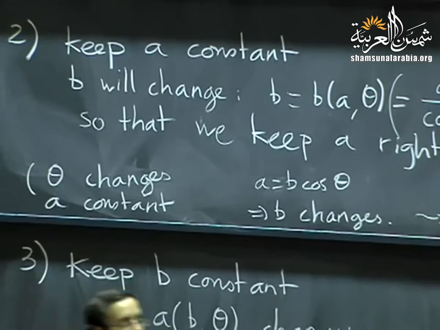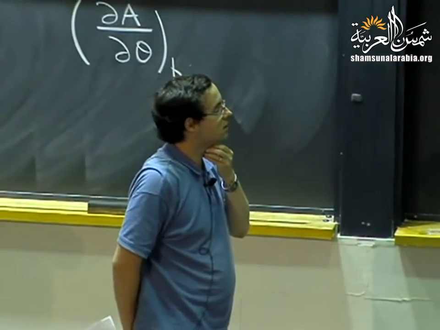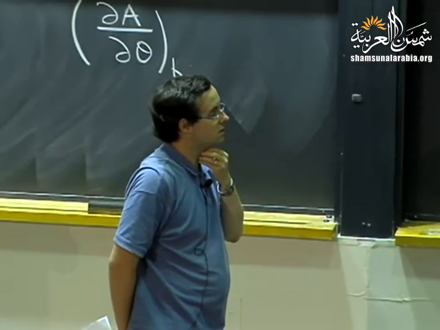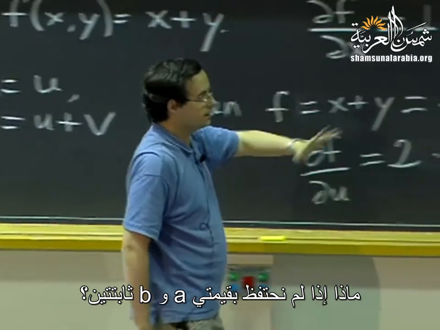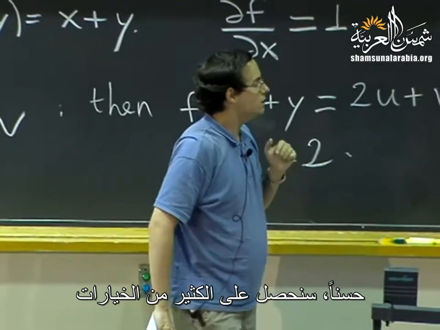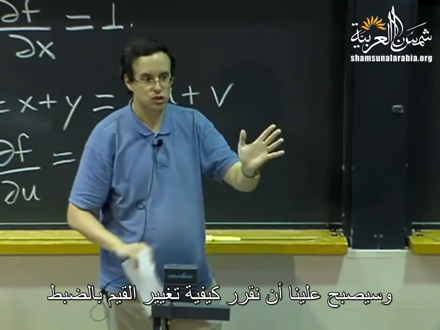Why isn't there a fourth situation where theta increases, A and B are not constant, but the triangle is still a right triangle? That's a very good question. Well, then there are too many choices. I have to decide how I'm going to change things.